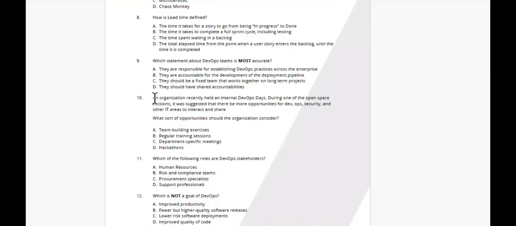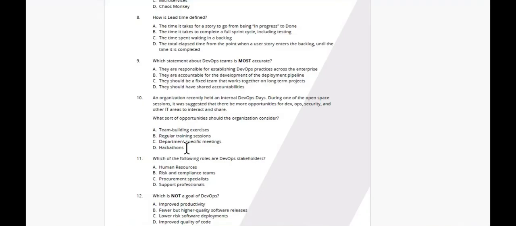Let me reread the question. An organization recently held an internal DevOps days. During one of the open space sessions, it was suggested that there be more opportunities for DevOps, security, and other IT areas to interact and share. What sort of opportunities should the organization consider? Team building, regular training, department specific. So certainly not department specific. That would be out.